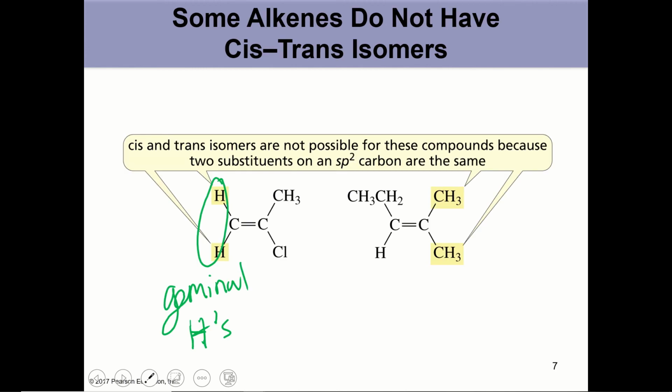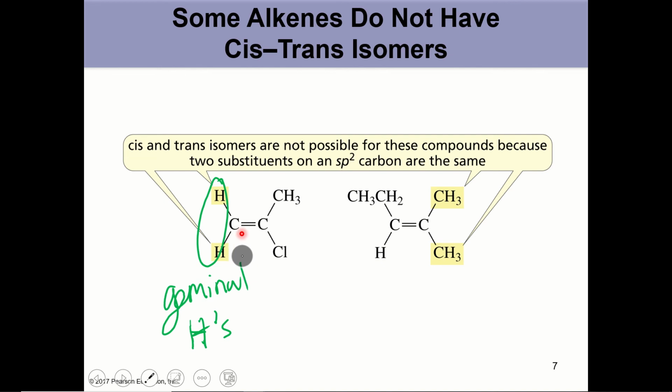So now we can look at some more terminology. If we have two identical groups, but they are bonded to the same vinyl carbon, then we cannot have cis-trans isomerism. To have a cis-trans isomer, the identical substituents must be on different carbons.